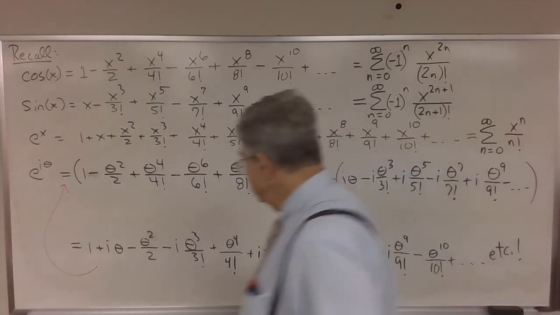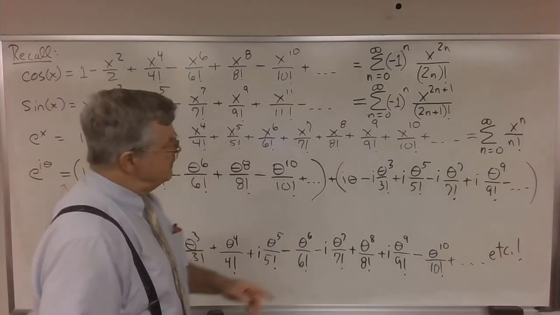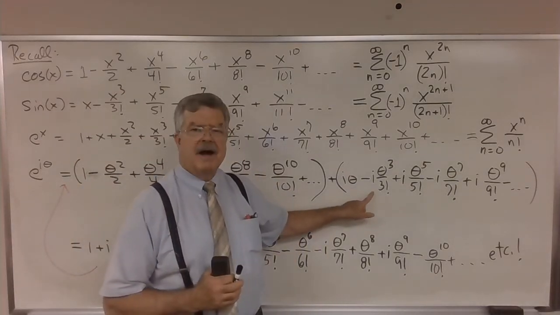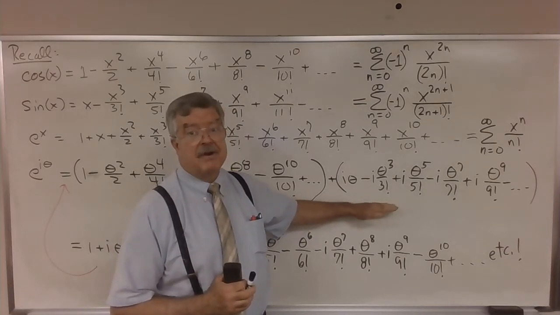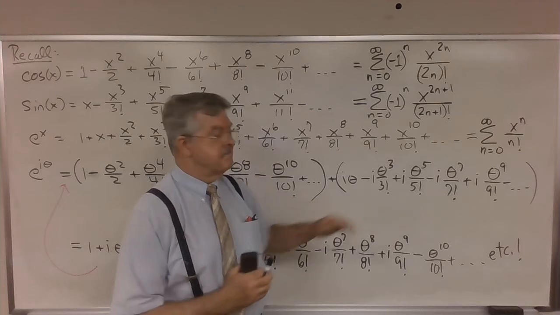Now, since all of these terms have a factor of i, what I want to do in the next step is just factor out the common factor, i.